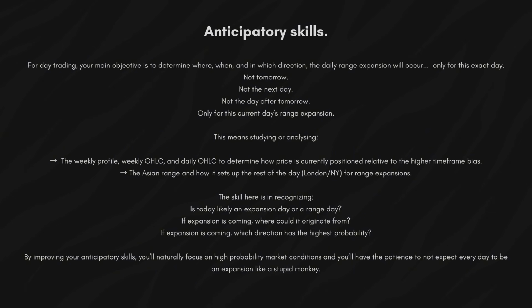That's exactly how unnecessary losses are born. The truth is that most traders lose money not because they don't know the direction, but because they don't know when the direction they're expecting actually expresses itself.